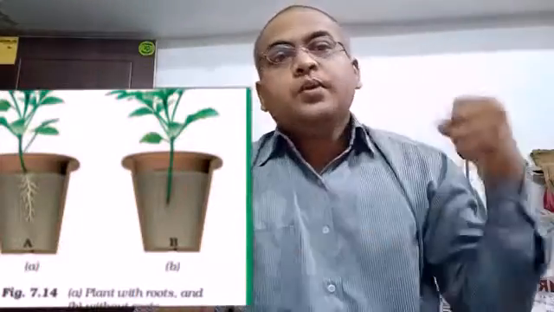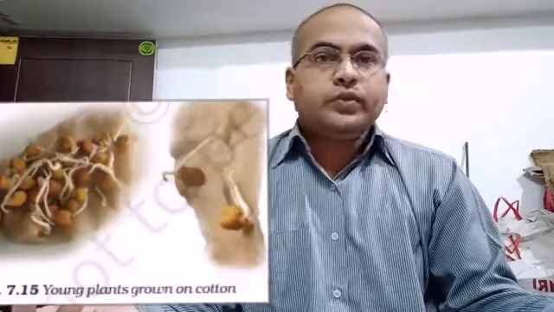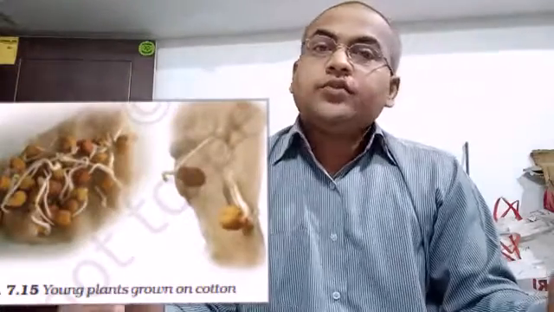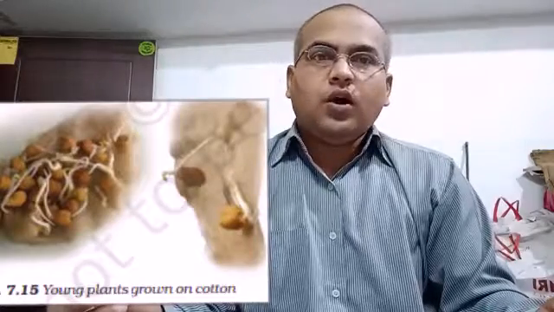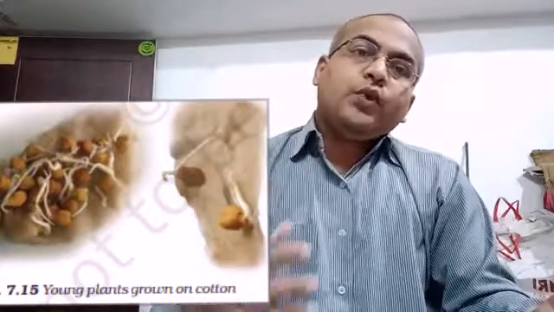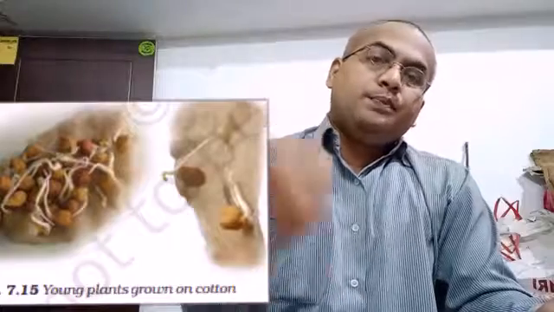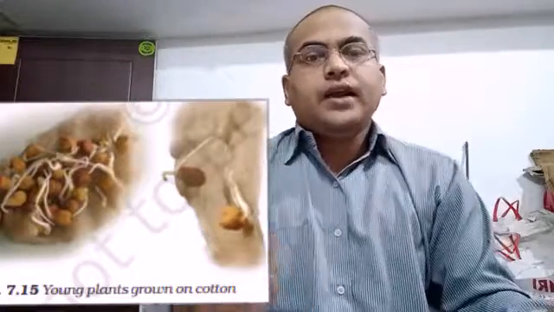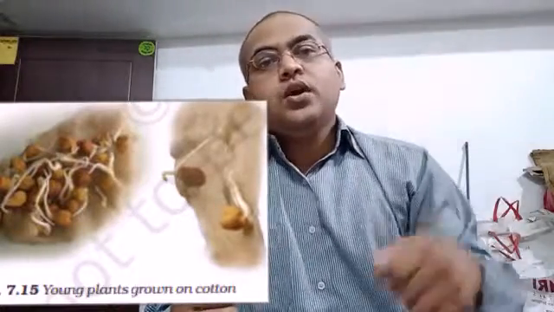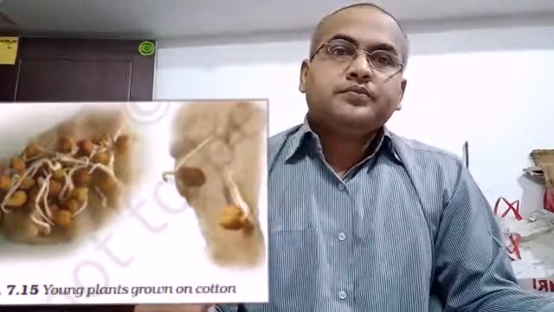You need to put pressure on it, and if you put pressure, the root part may break also. So from activity 6, when you are digging a plant from your garden, you need a khurpi, a digging tool, to take it from the ground.